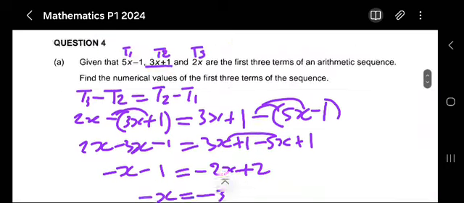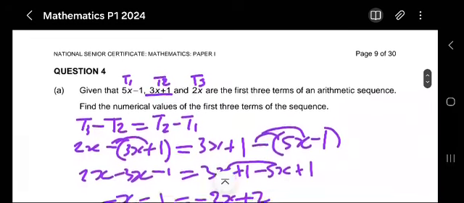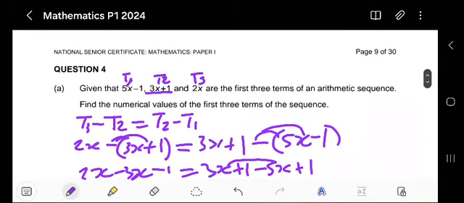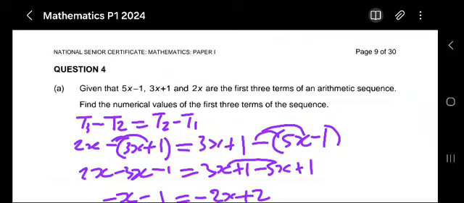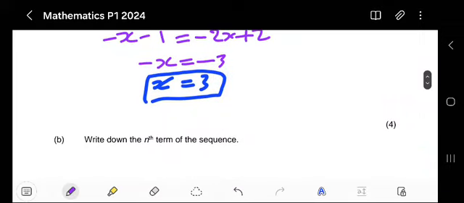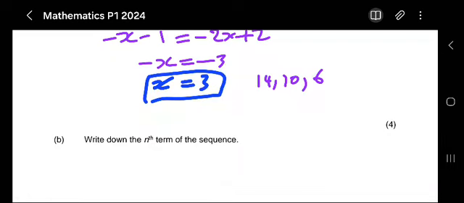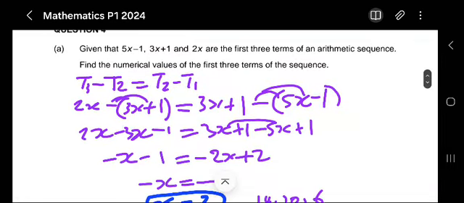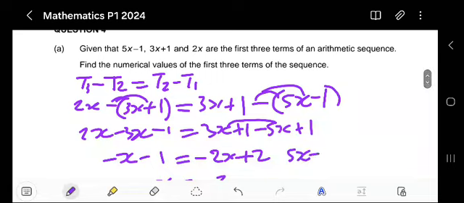What we want now, remember, we'll substitute 3 here. Where you see x, you substitute 3. Where you see x, you substitute 3. Then if you do like that, you're supposed to get that your sequence will simply equal 14, 10, 6. You just take what you have there. Remember here we've been given 5x minus 1.